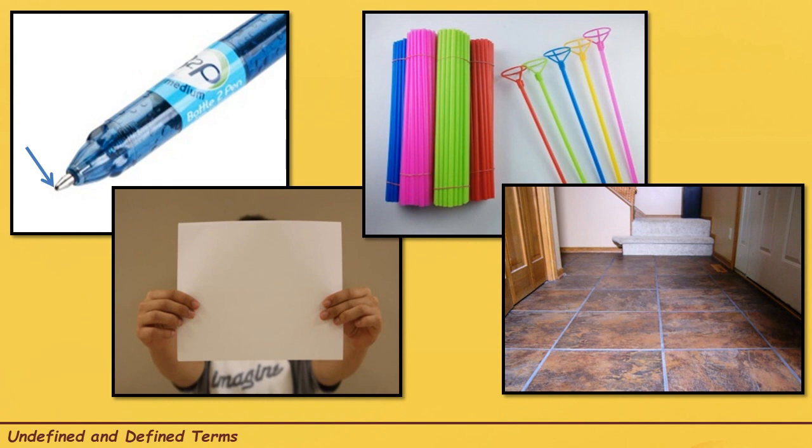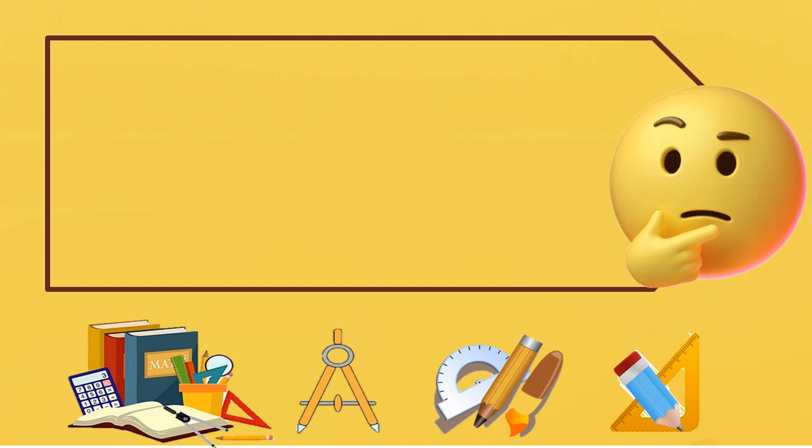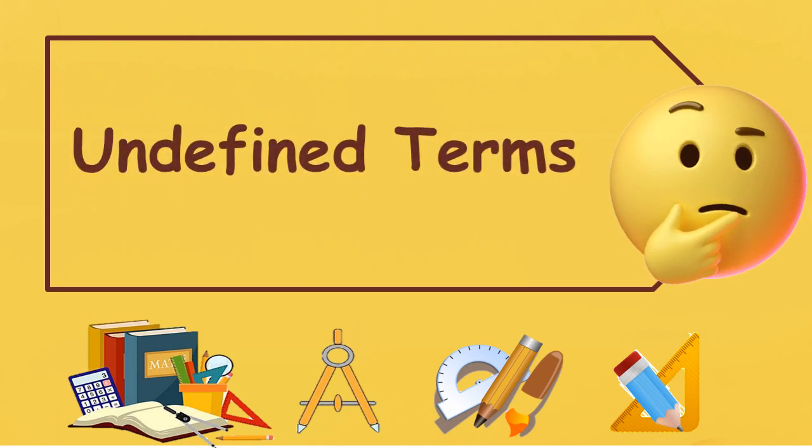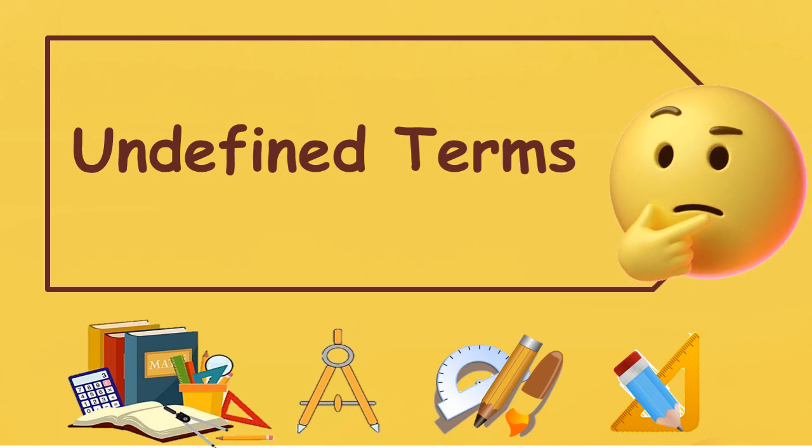We have the tip of a pen, paper, straws, sticks, tiles. What have you observed with these pictures? Okay, so these pictures have something to do with our lesson for today. Those pictures are described as undefined terms.